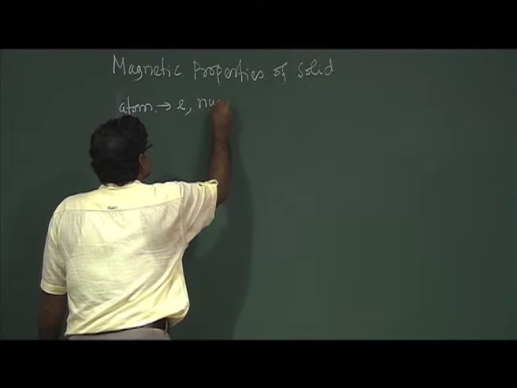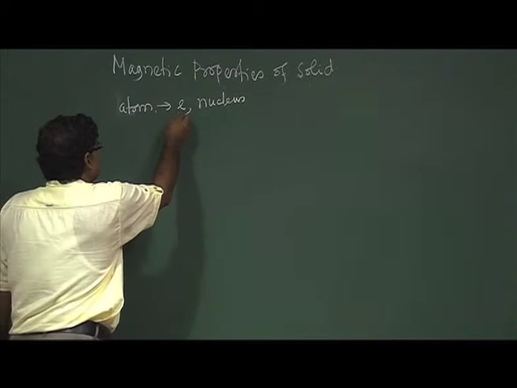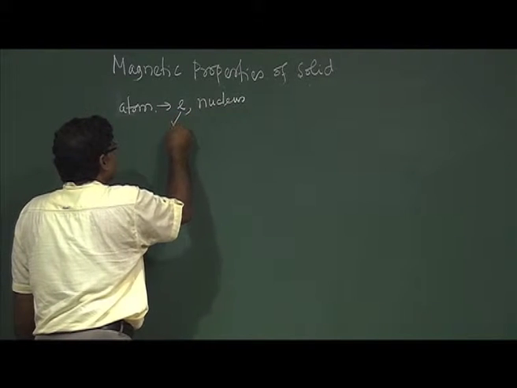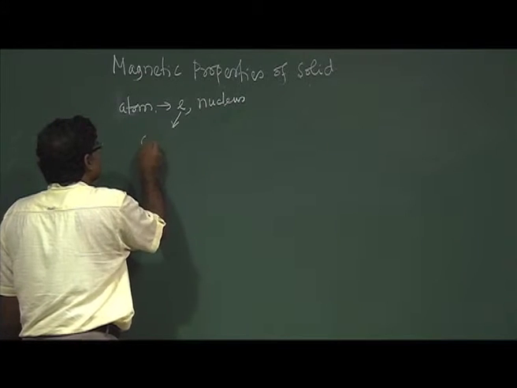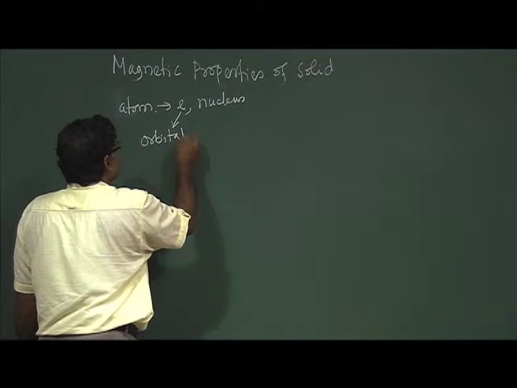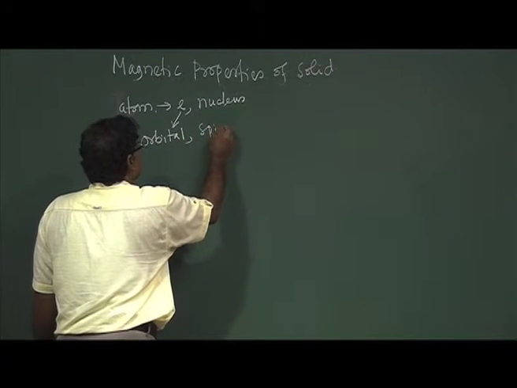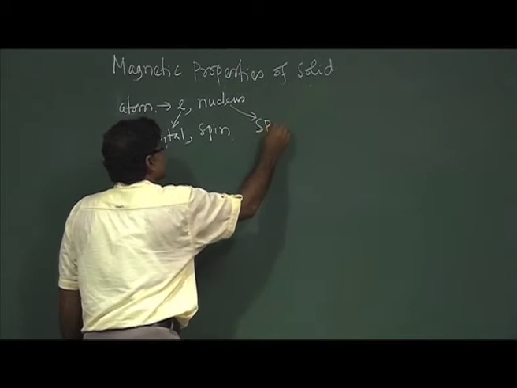The electron has two kinds of motion, one is orbital motion and another is spin motion, and the nucleus has spin motion.